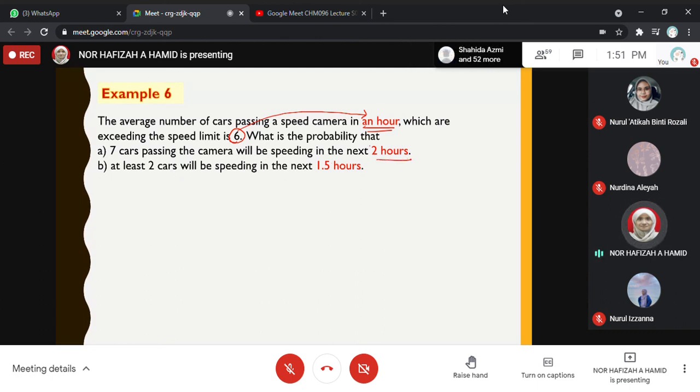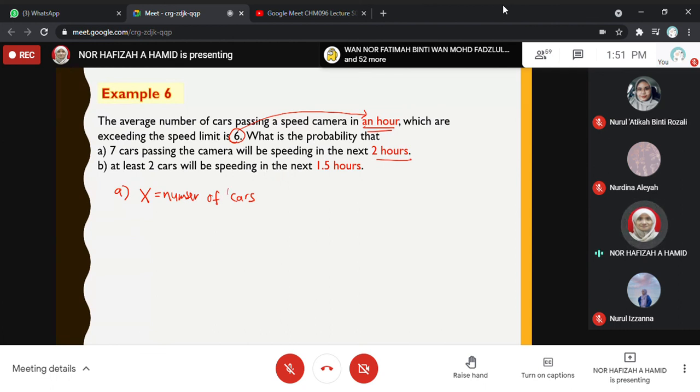Okay, so you boleh state kan you punya new random variables. Okay, so sekarang ni saya state balik you punya X. So X refer to the number of cars in 2 hours. So the number of speeding cars.